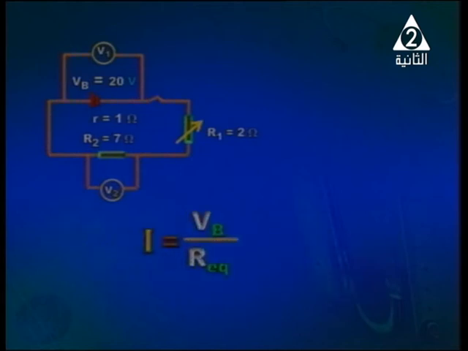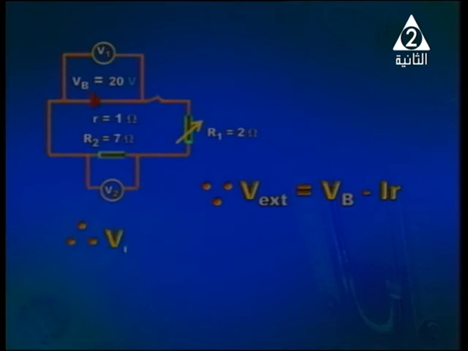So the current through the battery equals 20 over 10, it is 2 amperes. V external is calculated from the expression V battery minus Ir. So it is equal to 20 minus 2 times 1, it is 18 volt. Keep this number in mind.